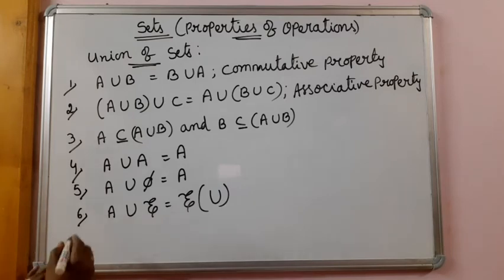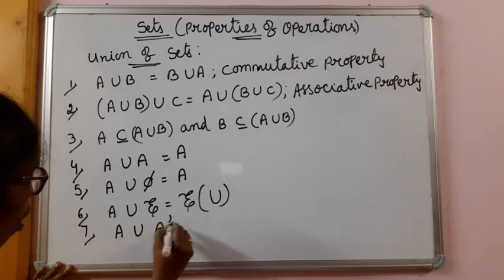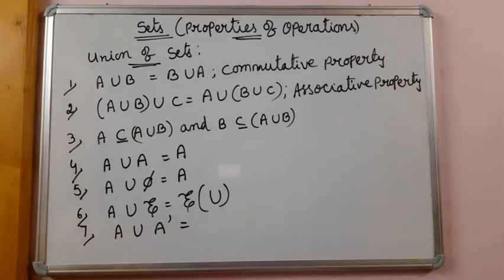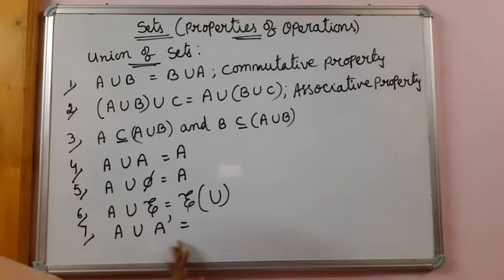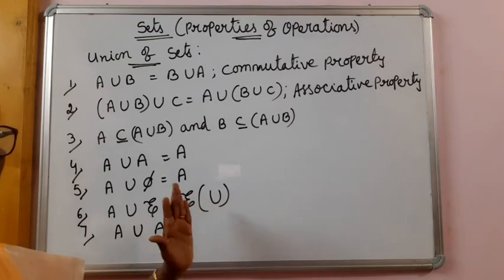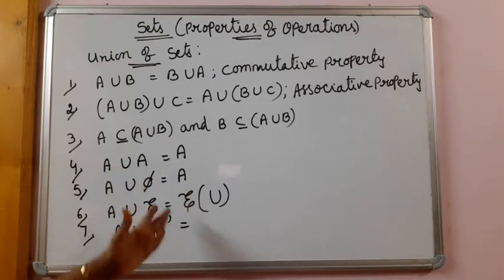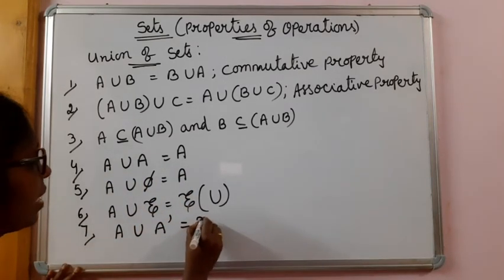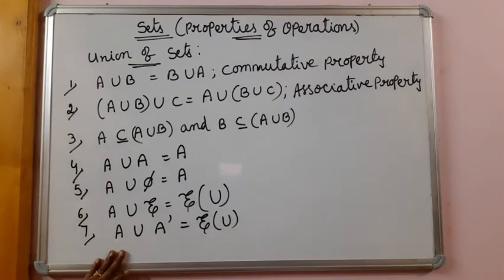Then your seventh property is A union complement of A. You have already learned that the complement of set A is the set of all those elements which are present in the universal set but not in A. That means A union A dash is the universal set, because in the universal set the elements of A and A dash are there.